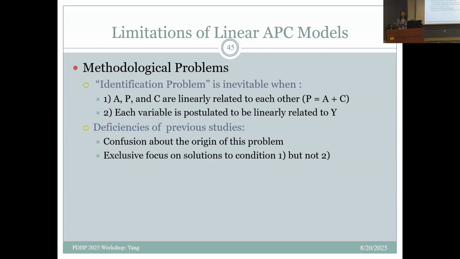Well, that's in the first kind of design. As a result, previous studies are almost exclusively focused on finding solutions to break condition 1, breaking the linear dependency of P, A, and C, while paying little attention to condition number 2.